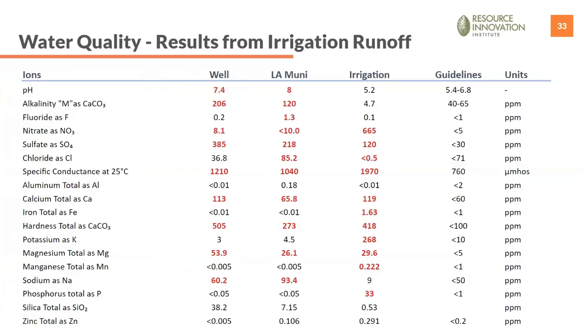This chart, I've added a third column here as an example from irrigation runoff and the water quality of that irrigation runoff. And you'll see there's much higher level of nitrate, calcium, iron, potassium, and that comes from the nutrients that are added to the water. And these are much higher levels for fertigation purposes, and it's expensive nutrients.